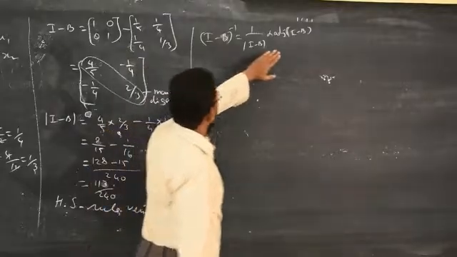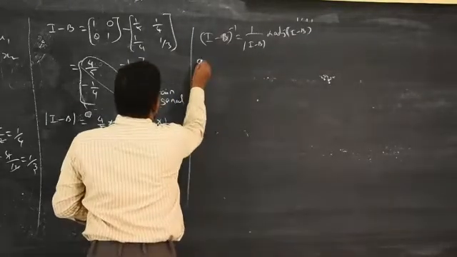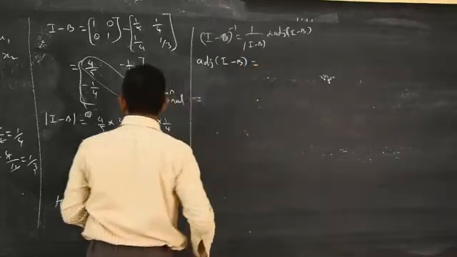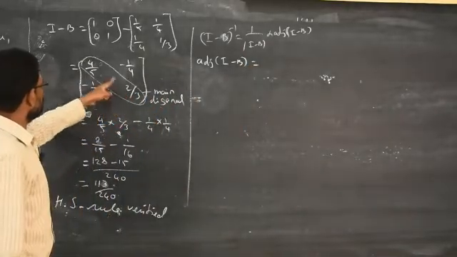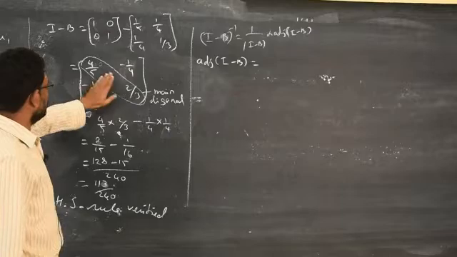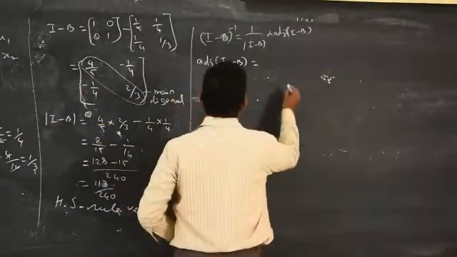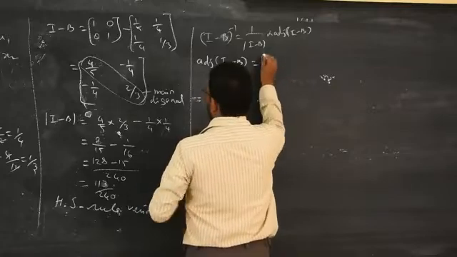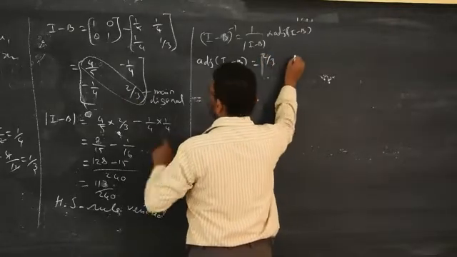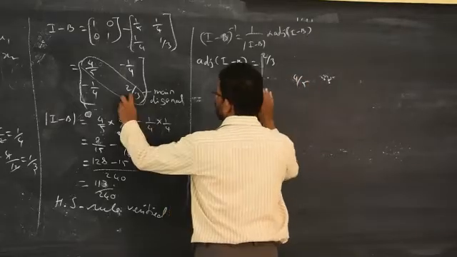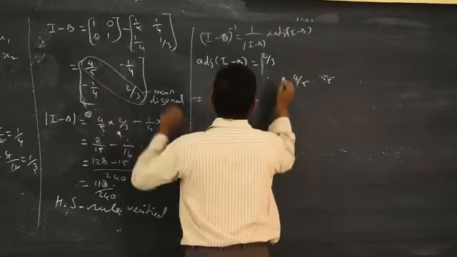Now, I have to find the adjoint of I minus B. So, how do you find the adjoint of a 2 by 2 matrix? Very simple. You interchange the main diagonal elements and change the sign of the remaining ones. So, you will get 2 by 3, here 4 by 5. You have to interchange these two elements and change the sign of these two.